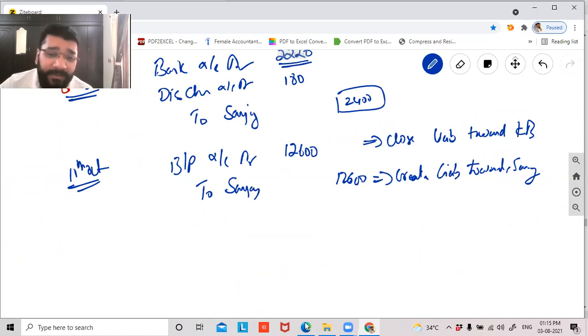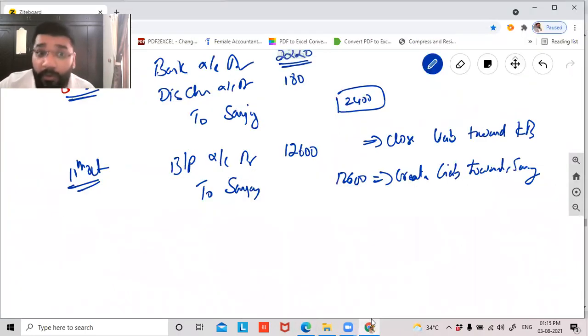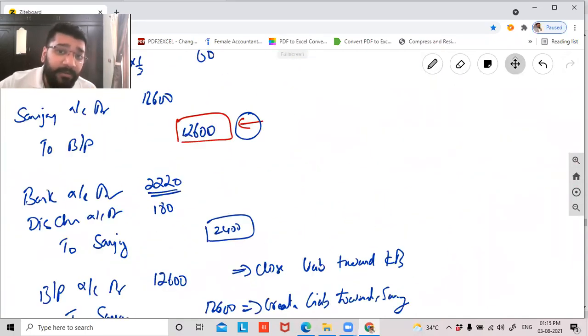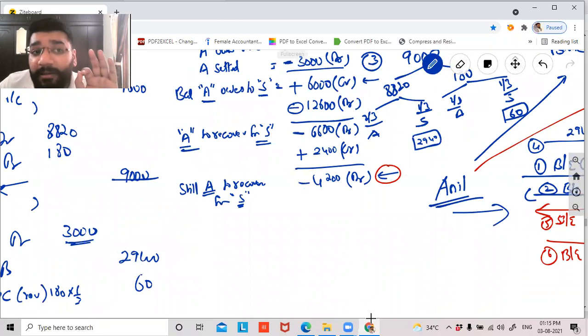Now what is happening, guys? The question says, okay, before we go to the next entry, let's understand the position of the ledger. Until before the information about bankruptcy, A was supposed to recover 4,200 from S. But what happened? A went bankrupt.